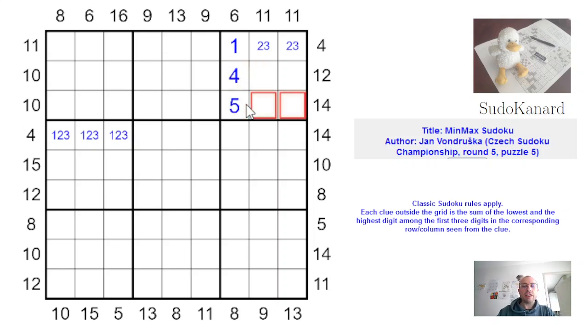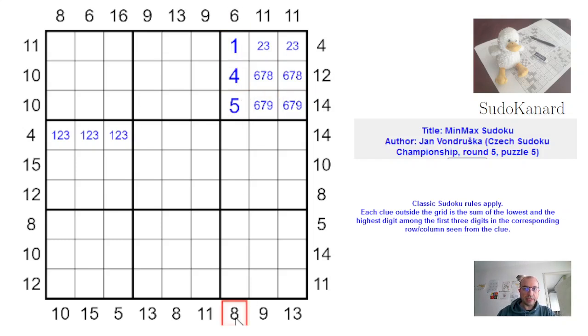So the highest digit here will be 9, and the highest digit here will be 8 to fulfill those clues. So the other digit is from 6 and 7. And here the other digit is also from 6 and 7.